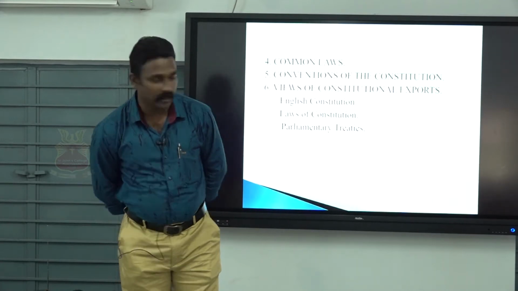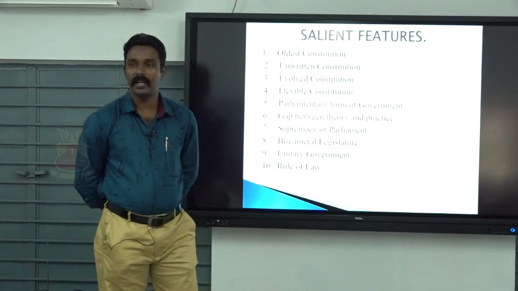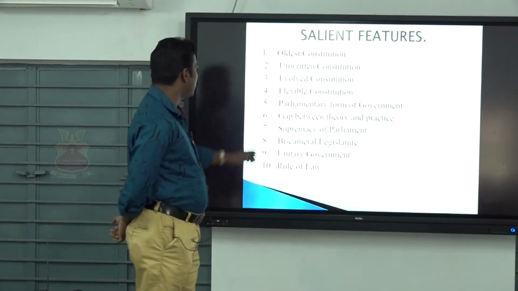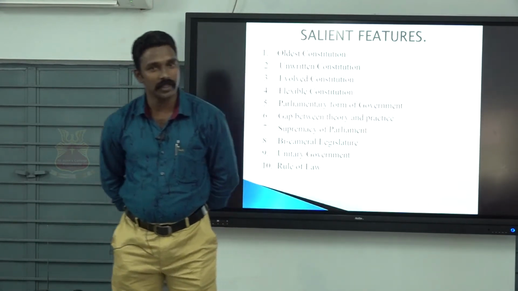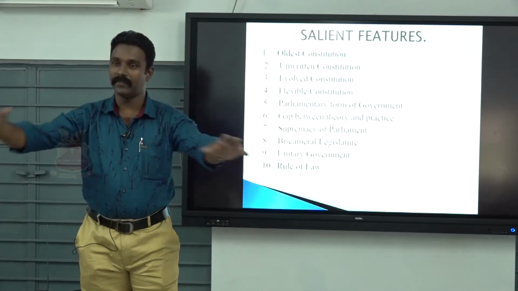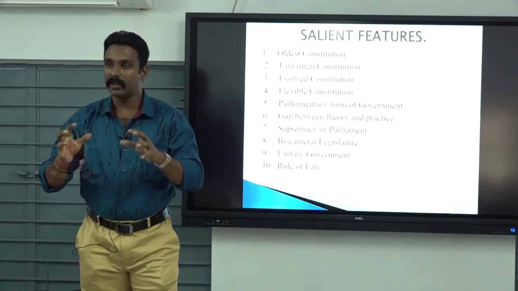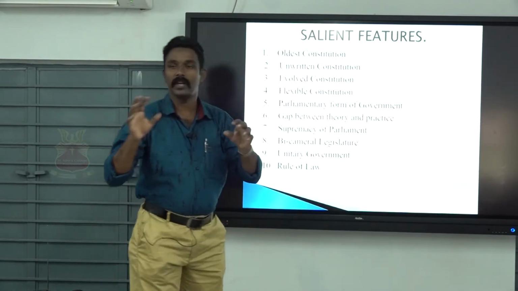Next is the salient features of the England Constitution. The first point is the oldest constitution. What is the meaning of oldest constitution? All over the world, the same method comes from the old constitution of England.